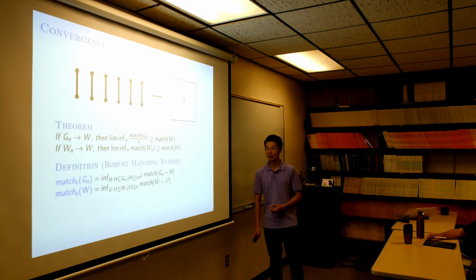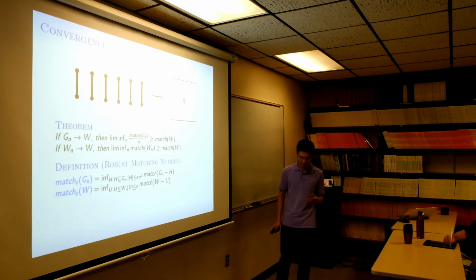So we define a robust matching number, which means instead of just looking at the matching number of the graph itself, you are allowed to remove a tiny bit. So from G, you remove a tiny bit, say less than or equal to epsilon n square edges, and then you look at, if I remove a little bit, what's the matching number I can guarantee? For example, in this, it is just 0, because if you remove epsilon n square edges, it is empty.